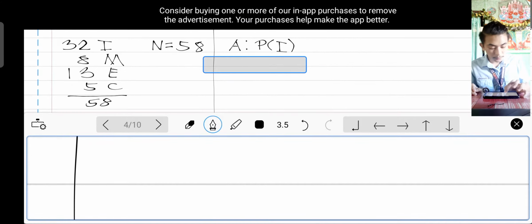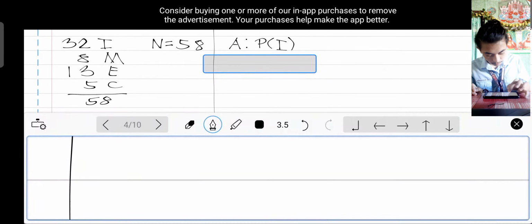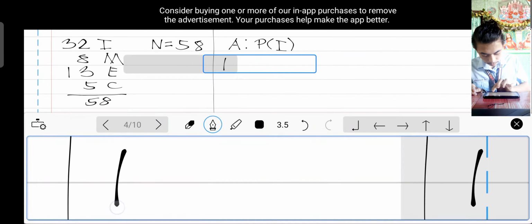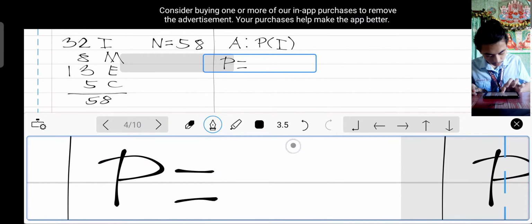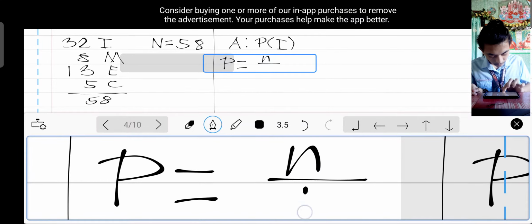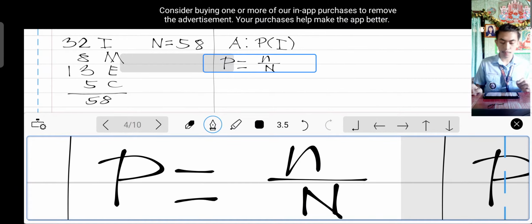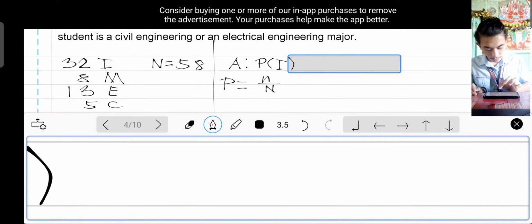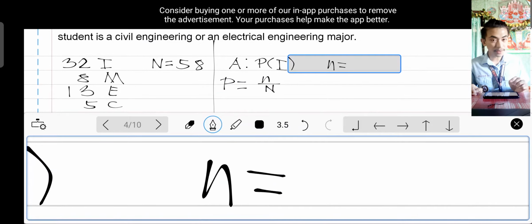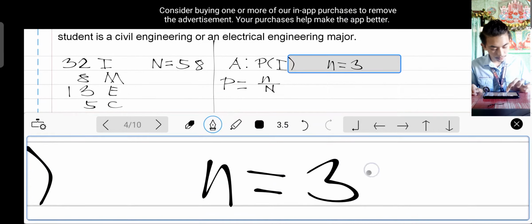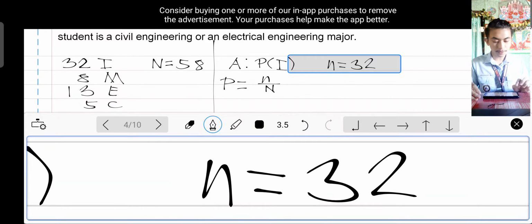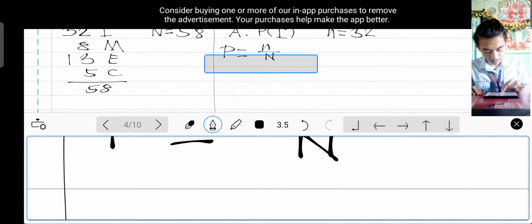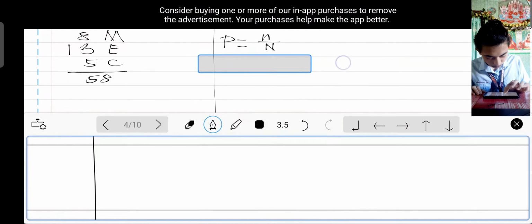We have the formula that probability is equal to n over N. We all know that we have an industrial engineering of 32 students. Therefore, our small letter n is equal to 32. We can plot the values we have.